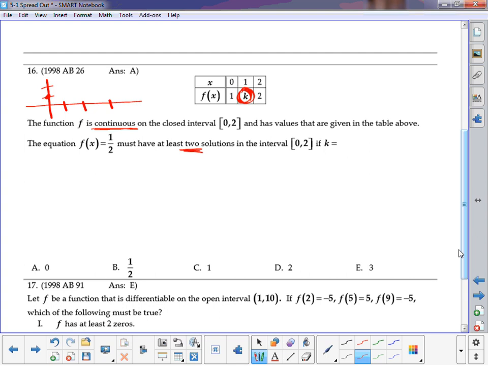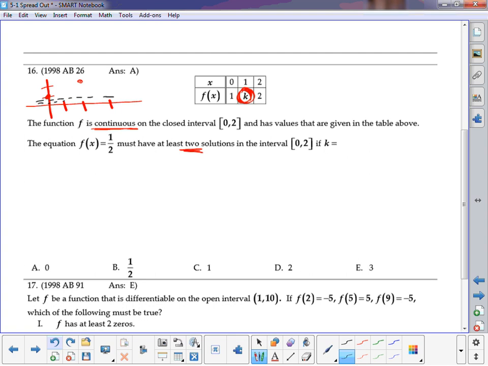And then at 2, so my function is continuous, and so it's going to do something in between here. We're not sure what it's going to do, but we want it to hit 1/2 twice. And so 1/2 is going to be down here, right? So k needs to be a value in which that it has to cross to get to 1/2, coming down to it and going back up to it. Does that make sense there, Amelia?